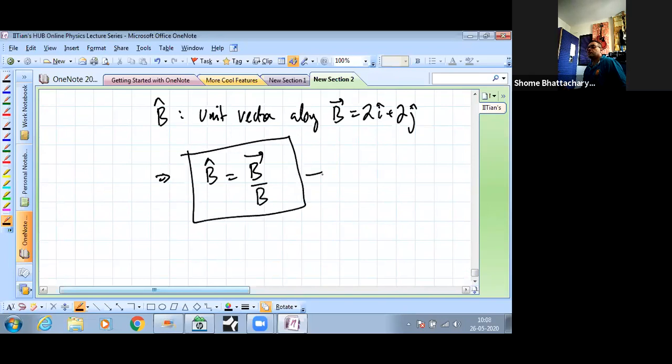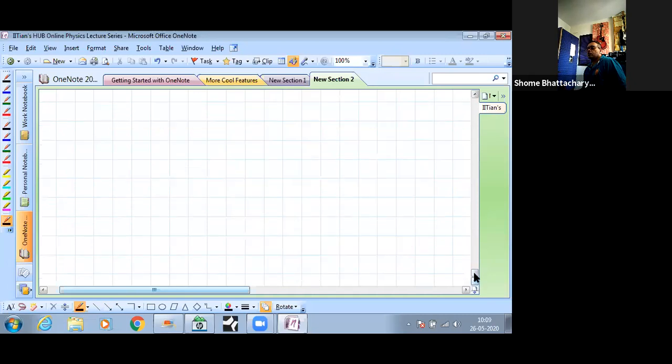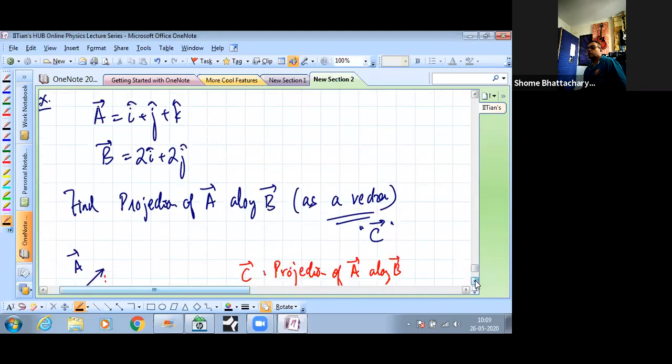This is how we find a unit vector B cap along a given vector. This is the method of finding the unit vector. So that is nothing but 2 I cap plus 2 j cap divided by the magnitude of the same, 2 I cap plus 2j cap. That is 2 I cap plus 2j cap divided by 2 root 2. So that finally becomes how much? Cancel out the root 2's, the 2's.